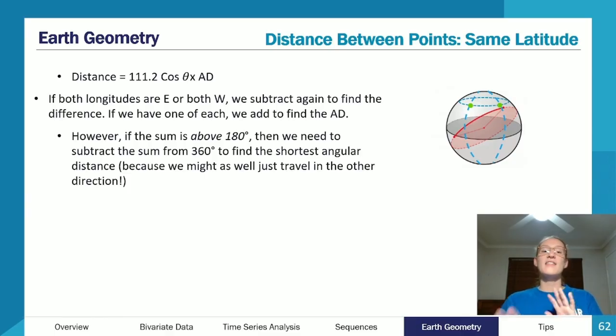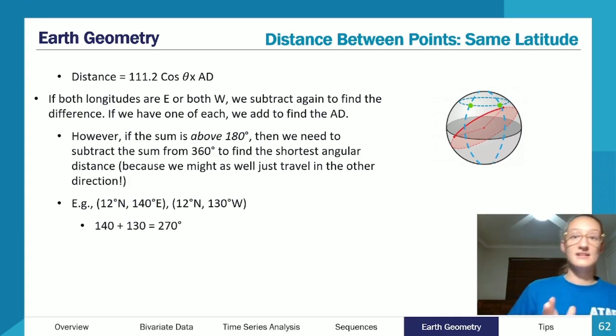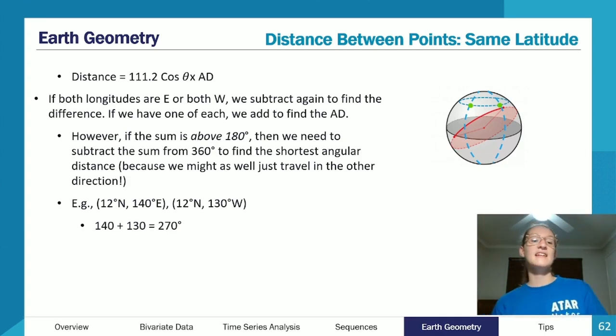That's the little trick behind calculating the difference in the angular distance when we're looking at east and west. So here we can see that our two points are both on the same latitude, which is 12 degrees north.